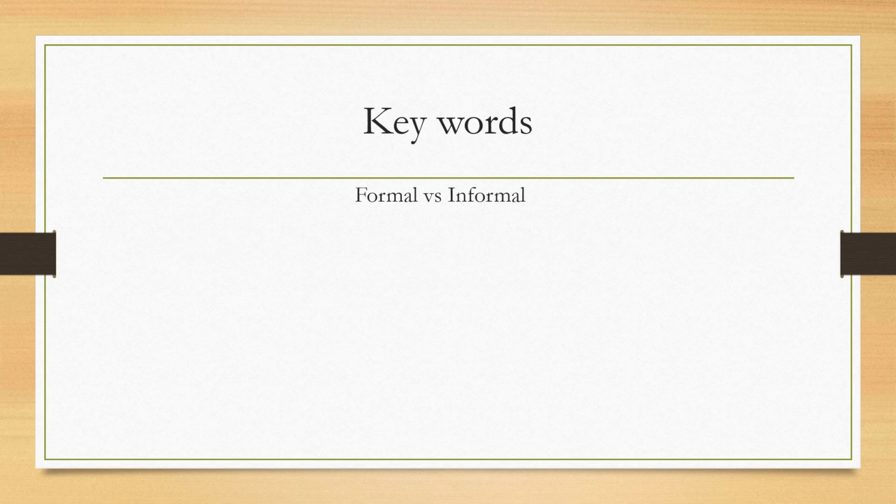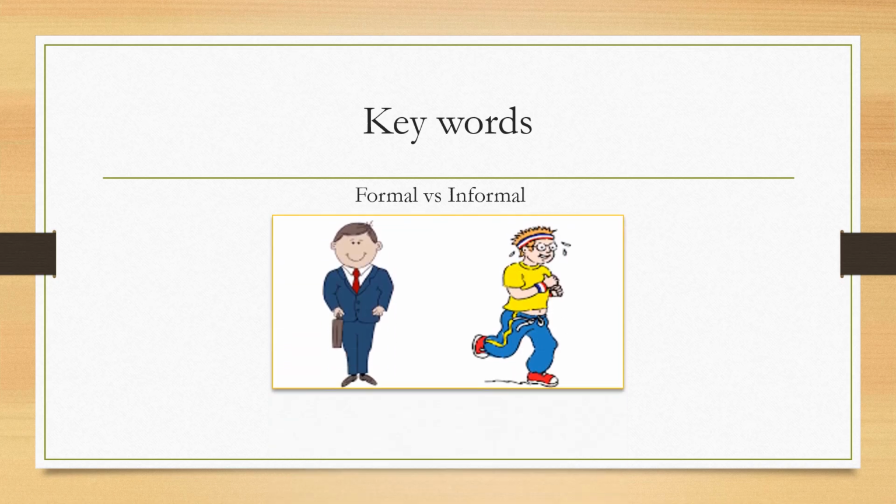So the key words of this lesson are formal and informal. So let's get deeply into these two words. So look at this small picture. You can see two people, one with casual, with normal clothes, running, jogging.